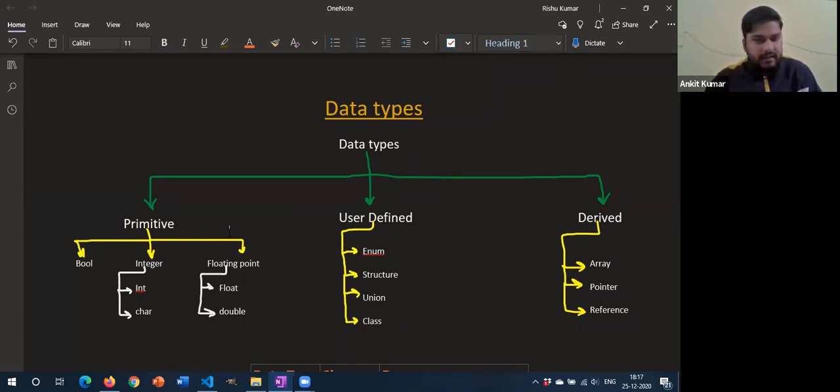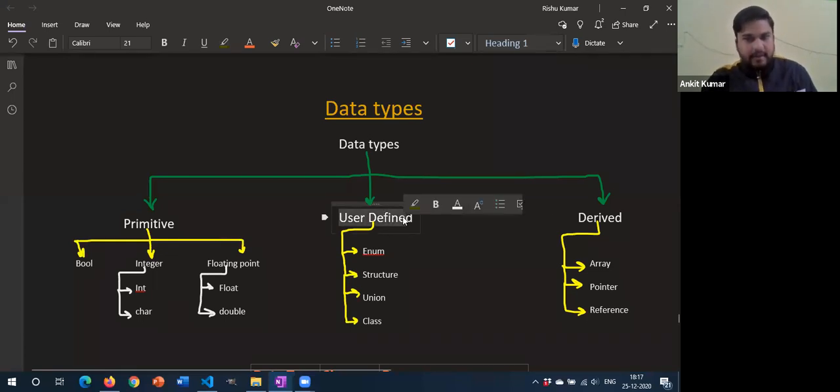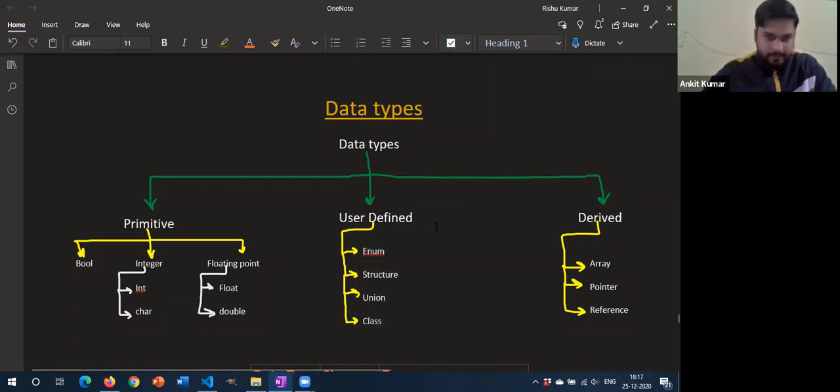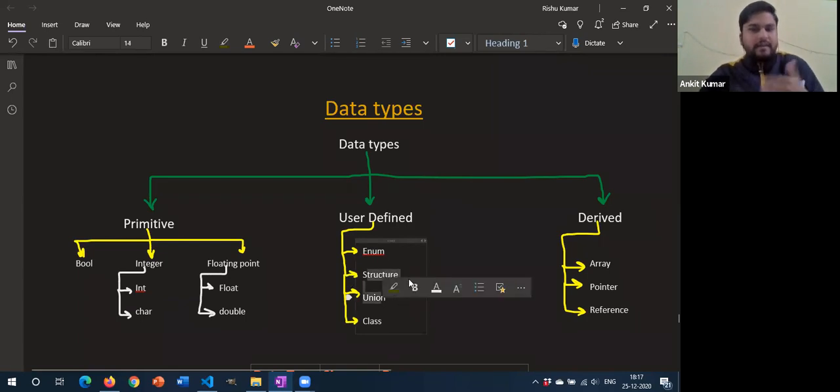And other than that, we have user-defined data types and derived data types. Today we'll study enum as well in user-defined data types, and the other data types we will study in the coming sessions, because for these we need some other knowledge as well. And class is what C++ is all about.